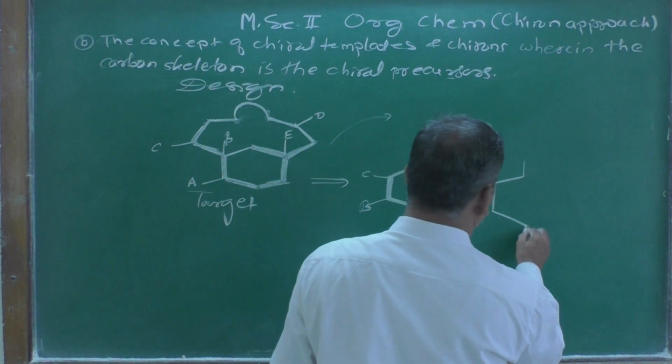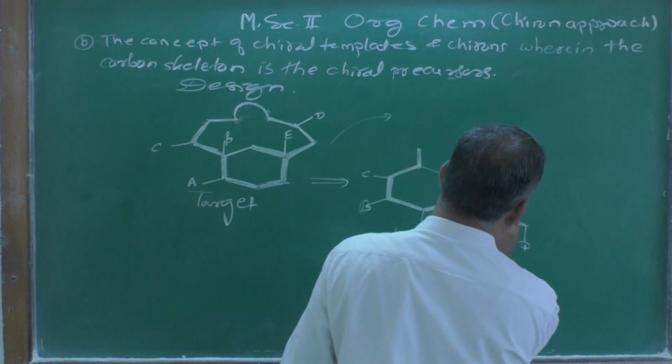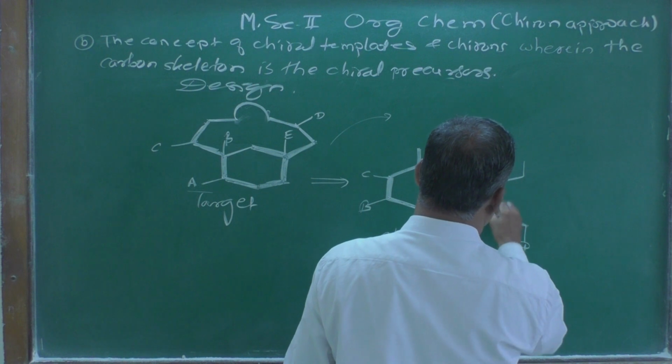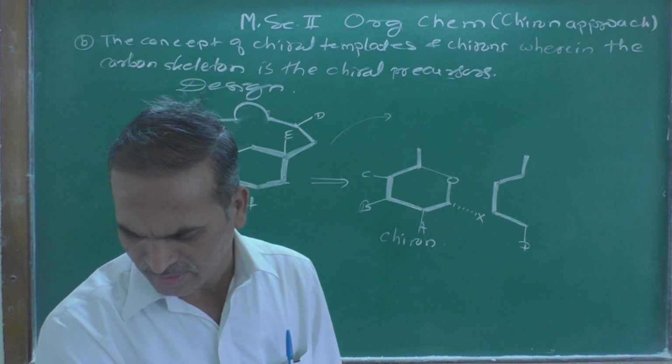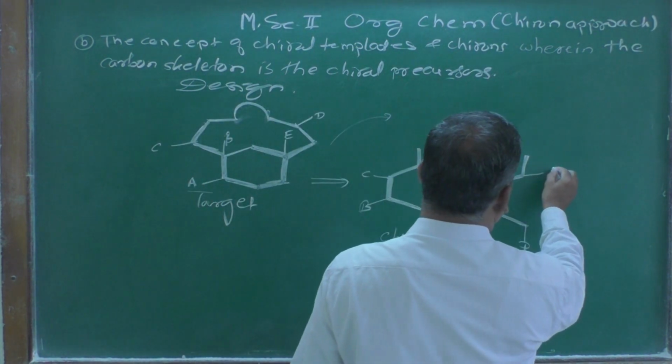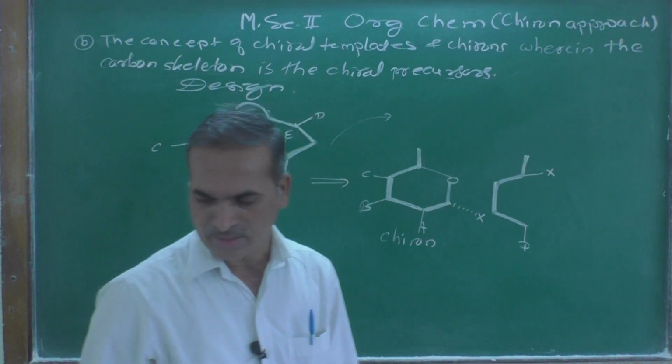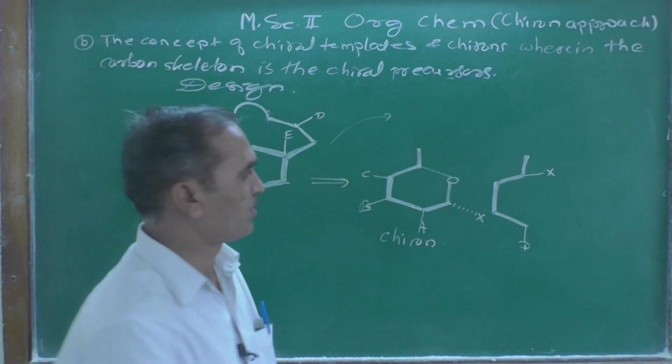Again here is a D. Again I am highlighting this carbon skeleton like this. Here is X, and this D. This is a chiral template.